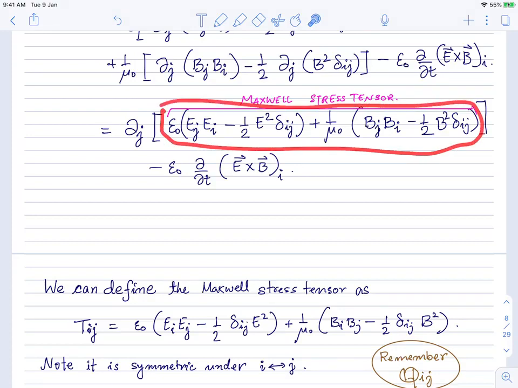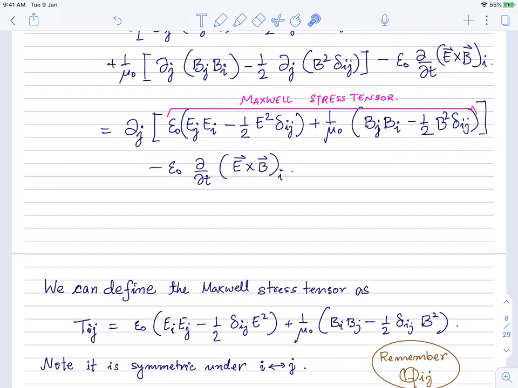It's called the Maxwell stress tensor, and this is, again, a very fundamental quantity involving the electric and magnetic fields. Just like we've seen, the energy density is a fundamental quantity, the energy current is a very important and fundamental quantity. So is this combination of electric and magnetic field which forms the Maxwell stress tensor.